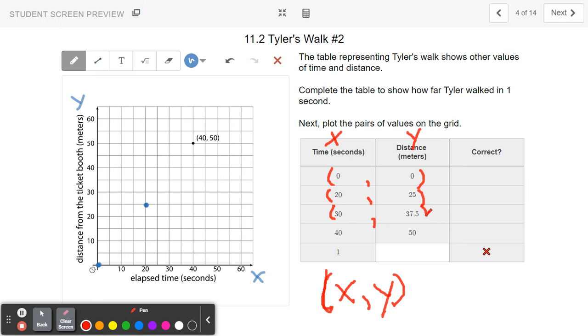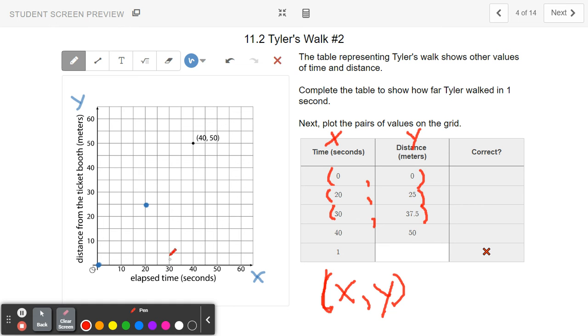37.5. Now, this one I have students who say, I don't know what to do, but let's try it out. 30 seconds. So we go to 30 seconds, and then we have to go up our Y axis to 37.5. I often have students say, wait a second, there is no 37.5 listed here. So this is where we have to use what we know. 37.5 has to be between 35 and 40.